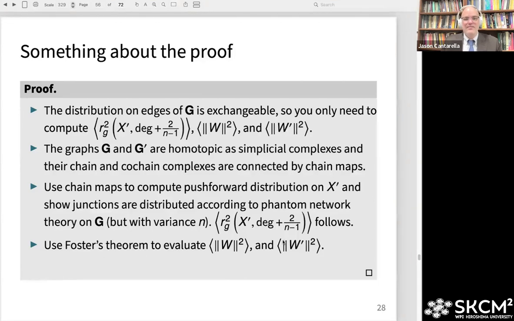So those are easy. To evaluate this, we really need to know how the junction vertices are distributed. And using some homological techniques, you can show that these junction vertices are distributed in a Gaussian way. From there, it follows that the expected radius of gyration is given by the trace of a pseudo-inverse of a graph Laplacian.